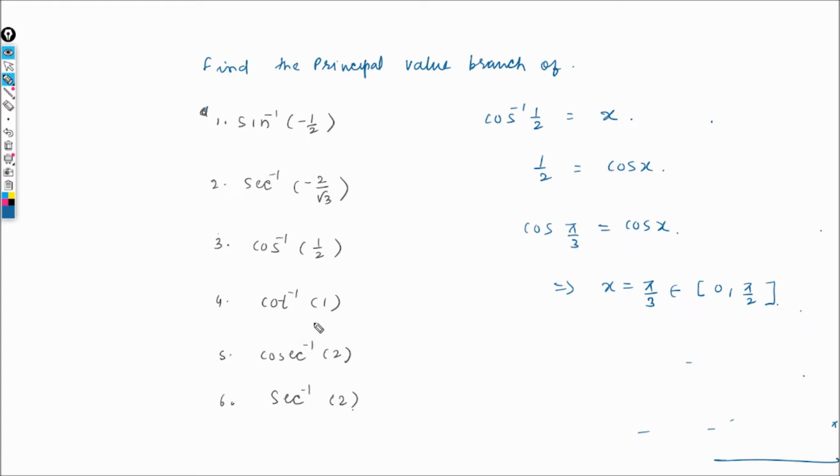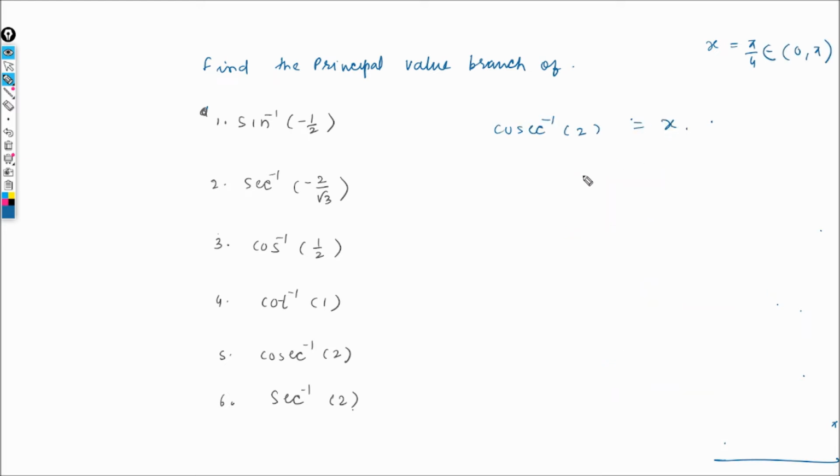Now let us see the next question here. Cot inverse of 1 is equal to x. So 1 is equal to cot x. 1 is cot of pi by 4 is equal to cot x. x is equal to pi by 4, which belongs to its principal value branch. Next, cosec inverse of 2 is equal to x. 2 is equal to cosec x.